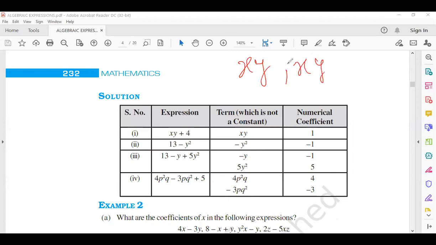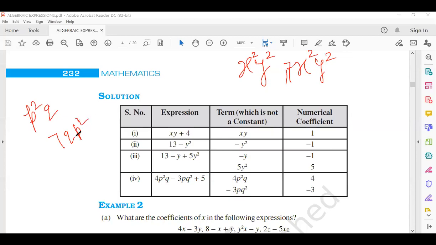xy and 7xy. Like terms. Then the next pairs: unlike terms, unlike terms, like terms. Okay, that means you are able to identify. p square q and 7qp square.